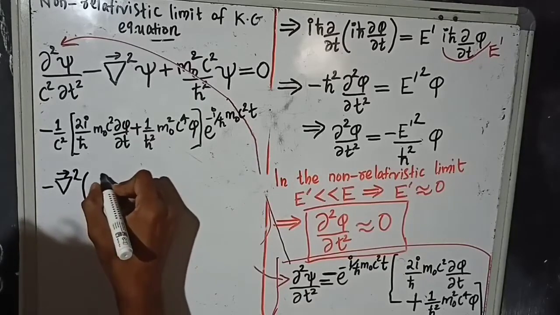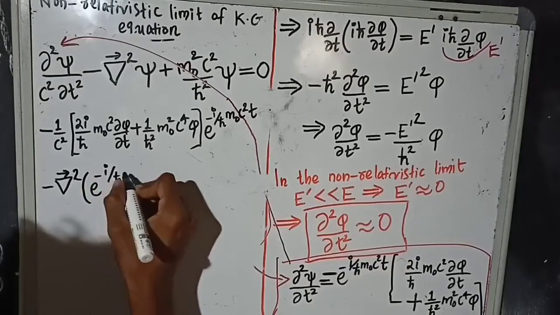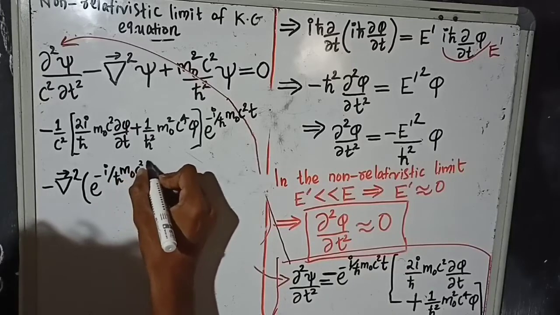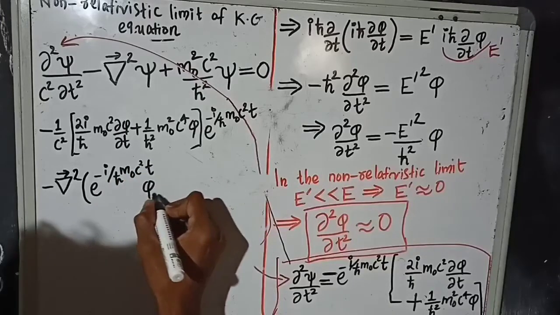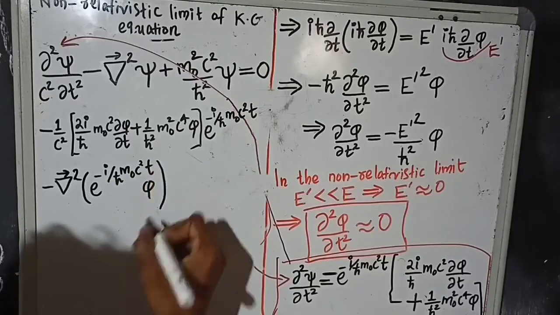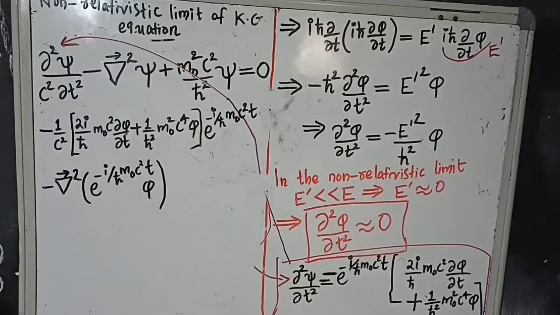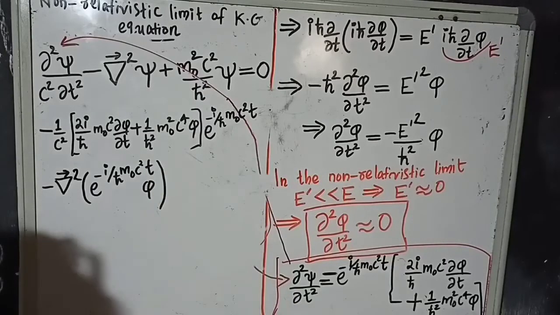We know that ψ is e to the power minus i/ħ m0 c² t times φ. You already know that this del square, or the Laplacian, only acts on the spatial part.